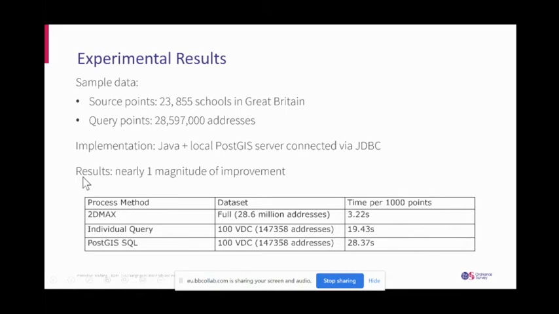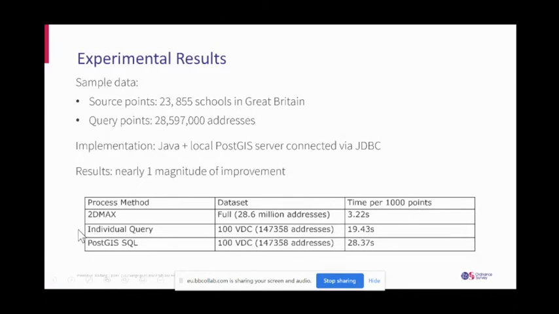So in the result we can see nearly about 10 times improvement. This result is just a summary. The 2D Max is the method presented here. We run it on the full data set, and for every 1,000 addresses it requires about 3.22 seconds.